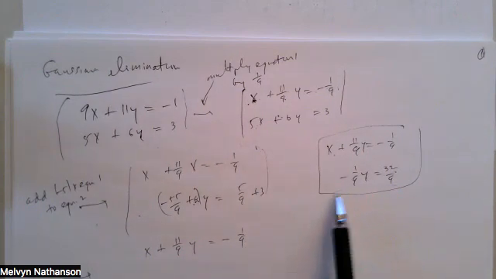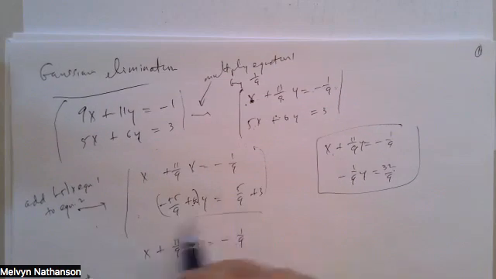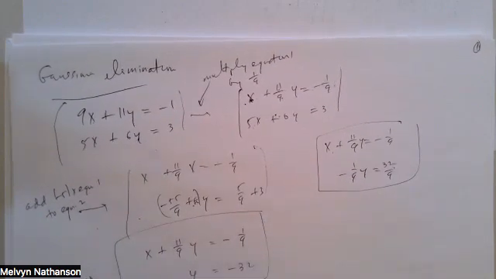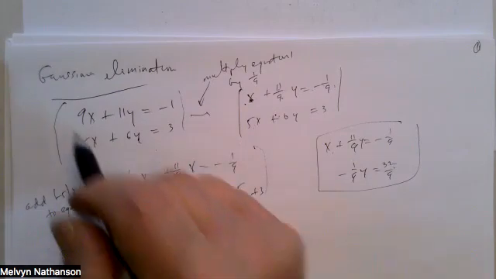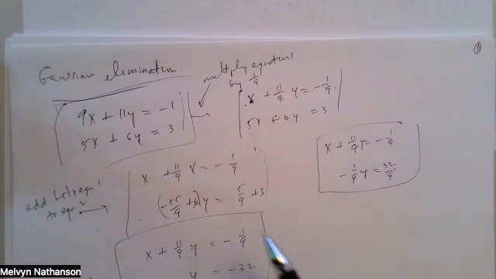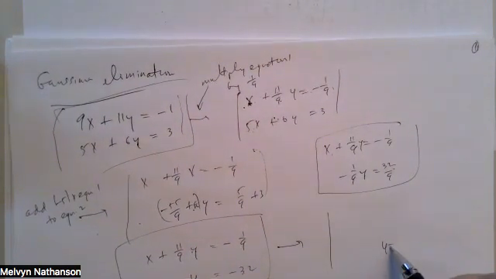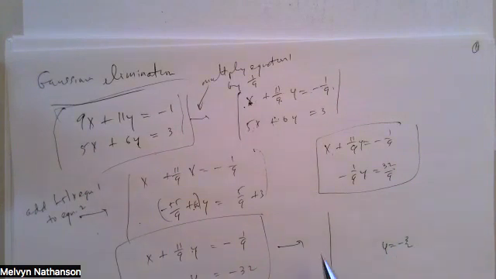If I multiply this row by minus 9, I get y equals minus 32. Okay. And again, this new system has the same solutions as the old system, which tells me, first of all, that in any solution, y has to be minus 32. Let me eliminate this y. So the second equation is y equals minus 32.